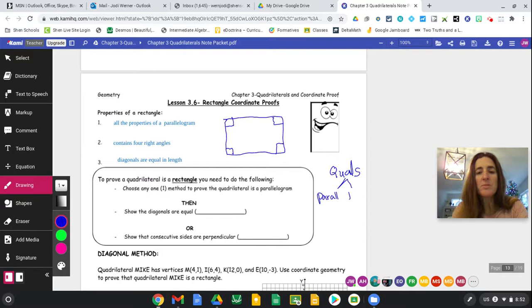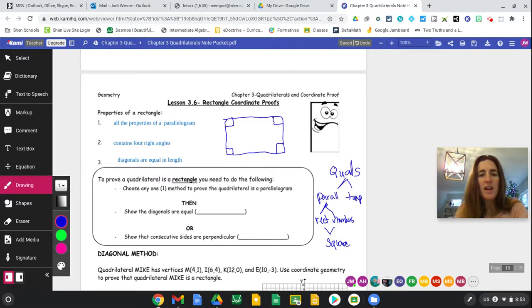But in order to be a rectangle, it first has to be a parallelogram. Same thing with a rhombus, which we're going to do coming up, or the square, which would have to be all of these shapes first before it could actually be a square.